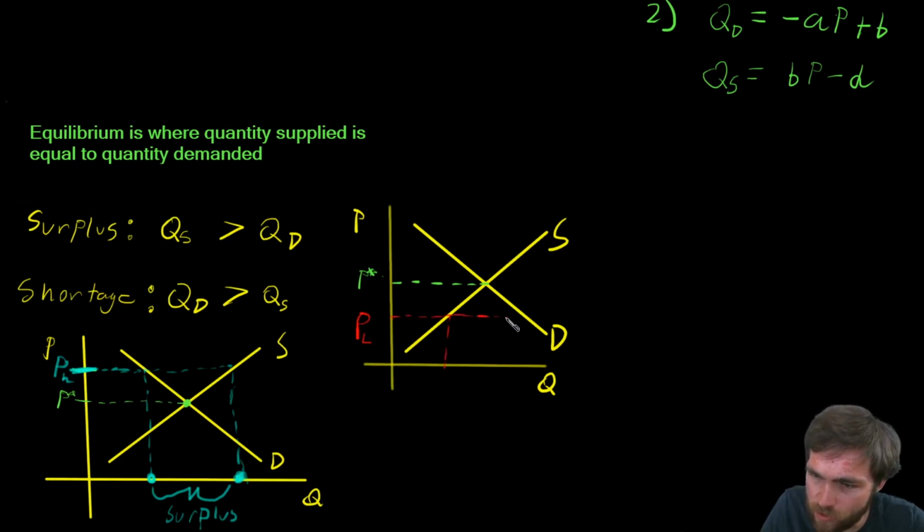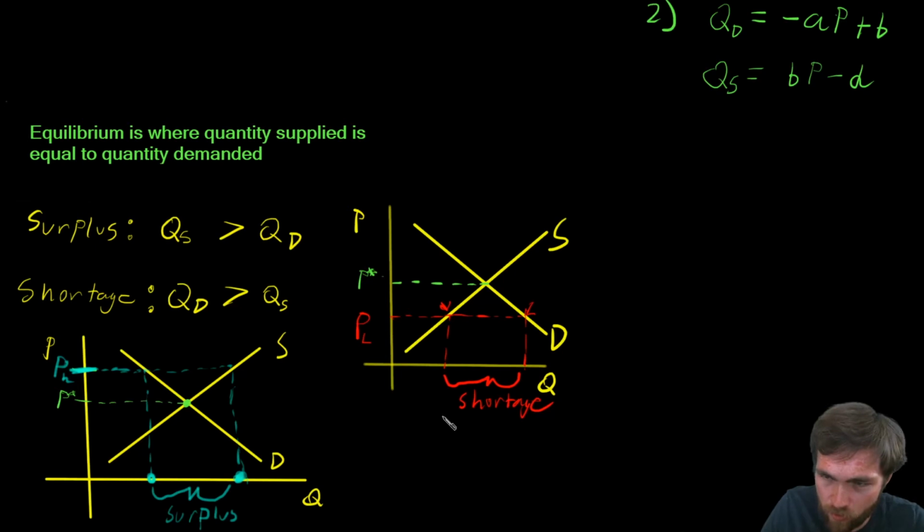And in this case, we see that the quantity demanded over here is greater than the quantity supplied over here. And so in this scenario, this distance here is the shortage.